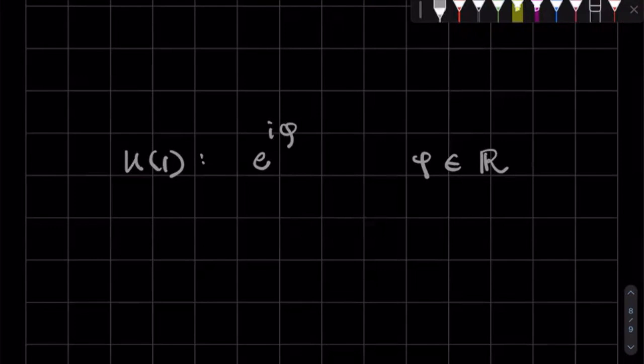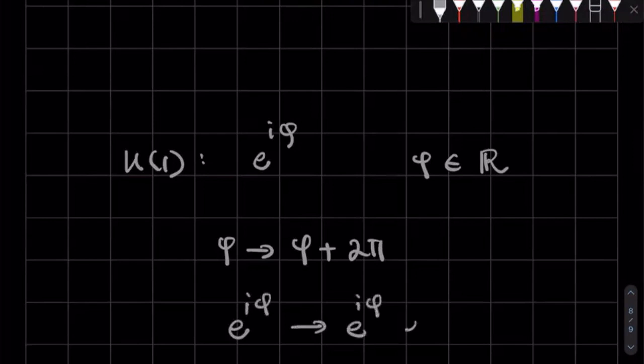Yeah. But we know that if I take phi and take phi plus 2 pi, then e to the power i phi does not change, right? Because then we just multiplied by e to the 2 pi i, and this is 1.